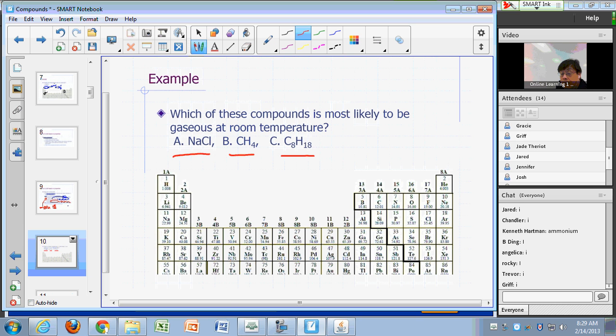Let's classify these first as to whether they're ionic or molecular. Sodium chloride is ionic, CH4 is molecular, C8H18 is molecular. So which one is most likely to be gaseous at room temperature?